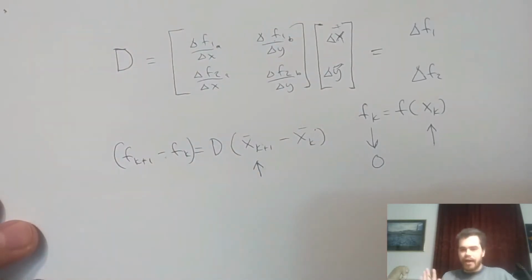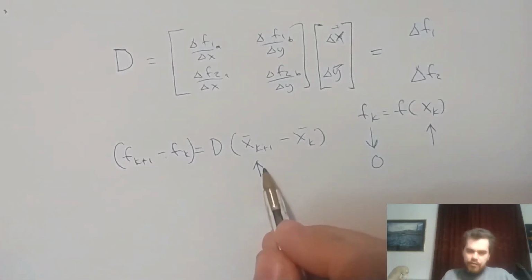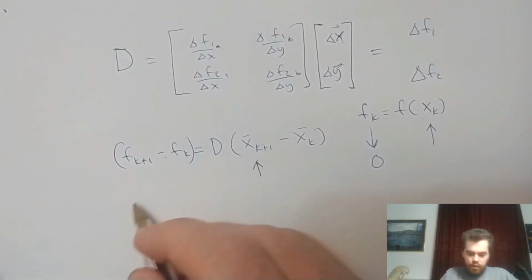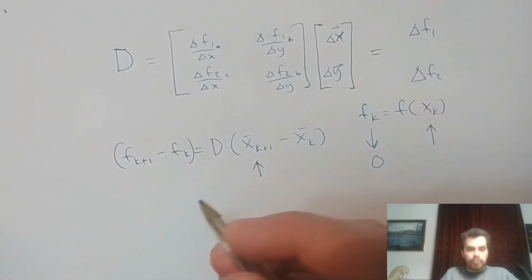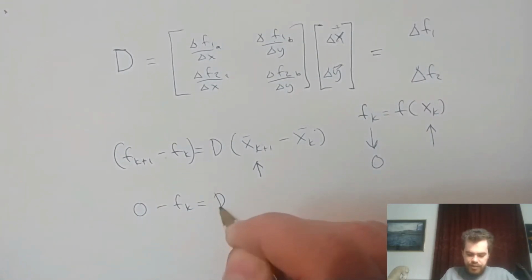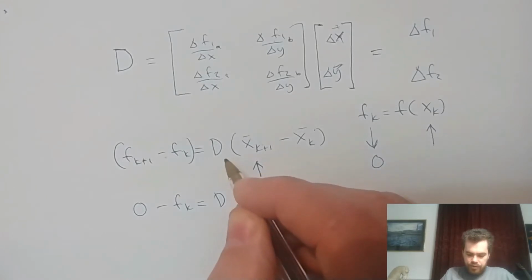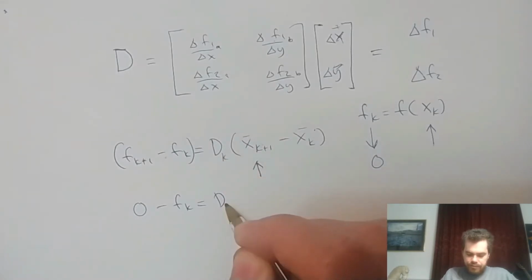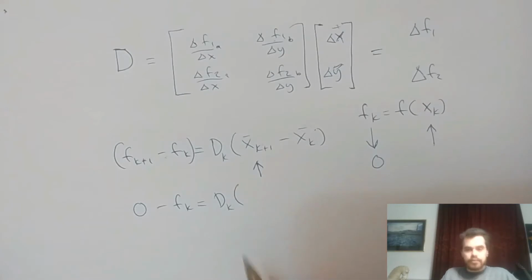Trust me, I will be talking about Broyden's method in more detail. I'm just building up to it. So we say, okay, what if f k plus 1 was 0? So we'd have 0 minus f k is equal to D. I should notate this as D k. That's a bit of a spoiler. We're going to have another D, the next D, at some point.